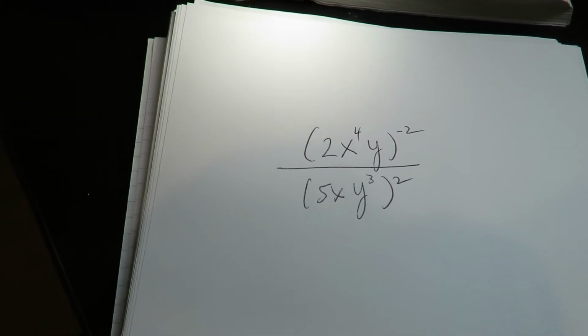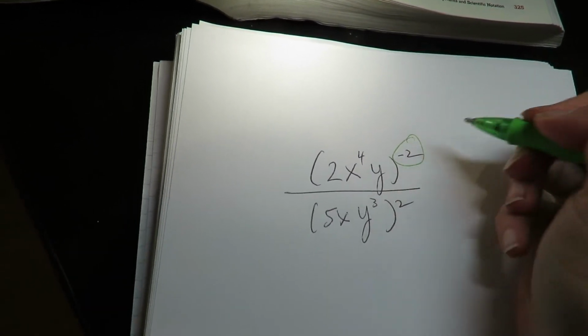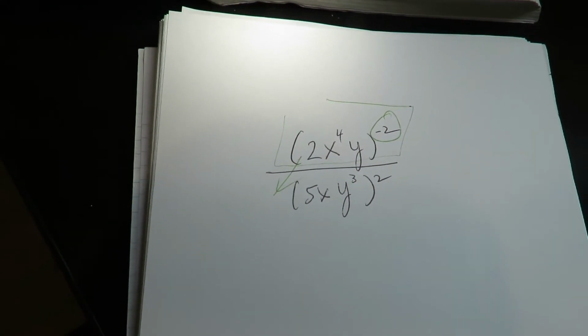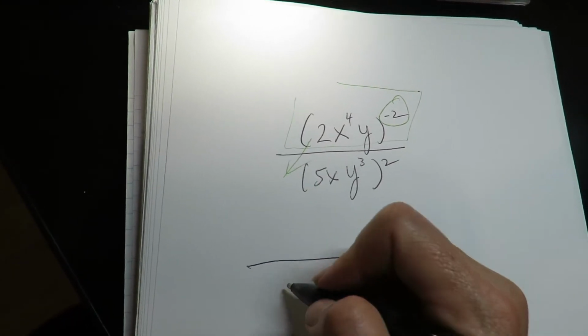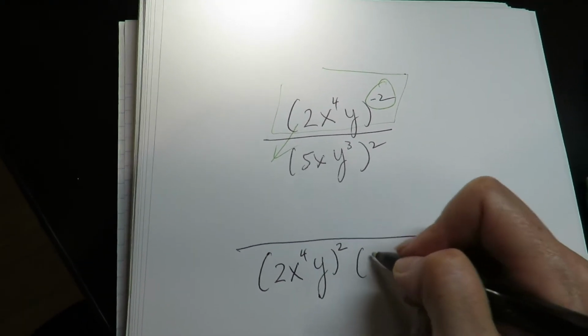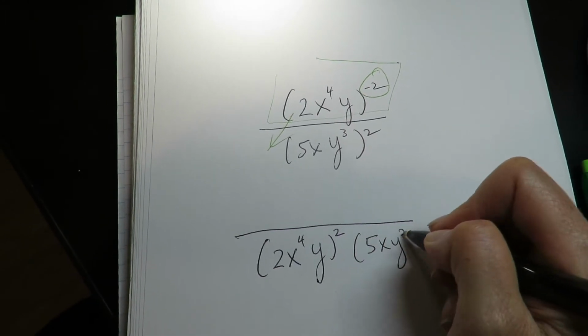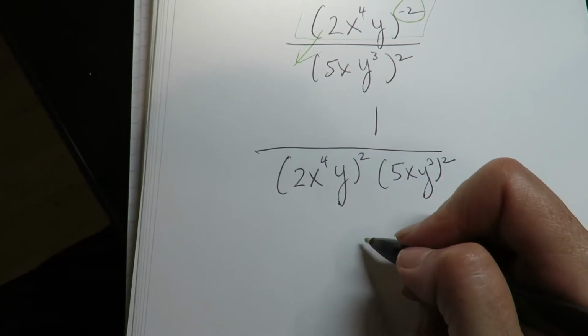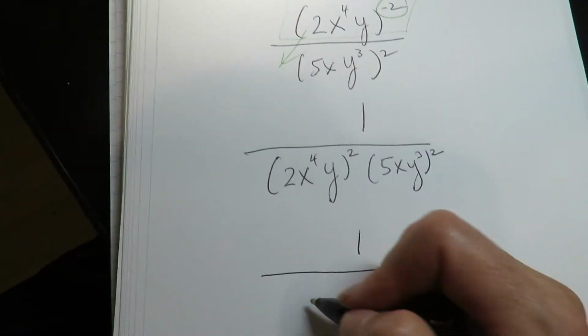Okay, this guy is negative, and that's just referring to this. So you're going to bring this whole thing down. Doesn't matter who's first. Alright, there's nothing left up here, so put a 1. Alright, now I'm going to go ahead and square this.